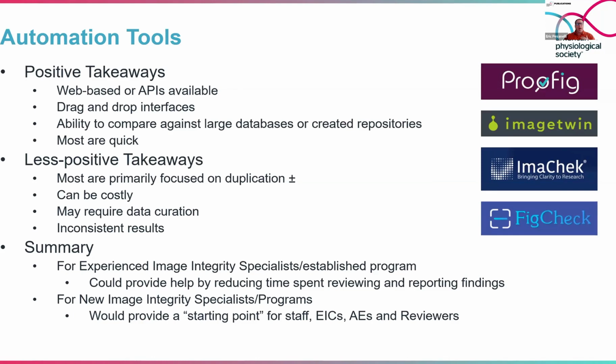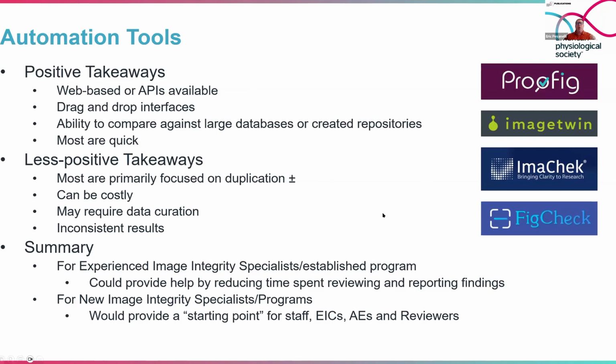So, to summarize, for an experienced integrity specialist or an established program, I definitely think there's the potential to really provide help by reducing the time spent reviewing, certainly when it comes to duplications within a single paper or across publications.